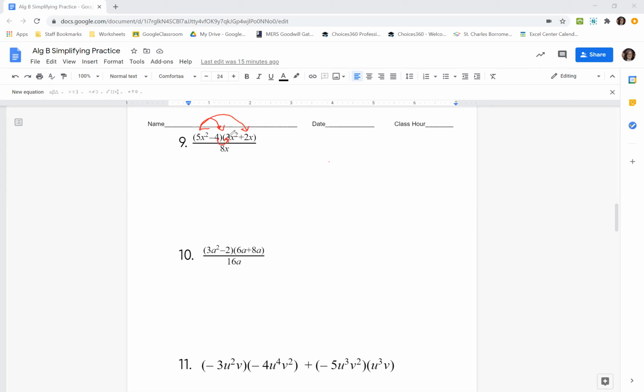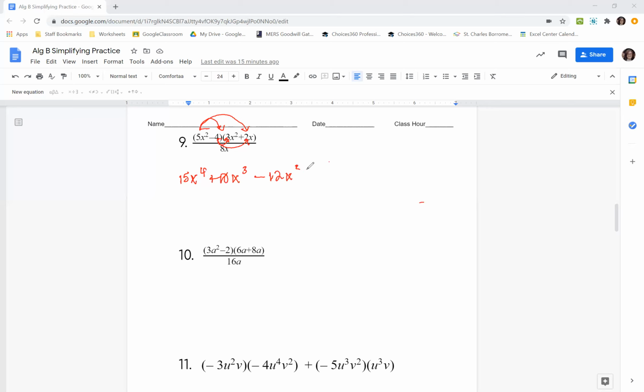So I'm going to go ahead and distribute these guys, right? Because we have a binomial times a binomial. So 5x squared times 3x squared is 15x to the 4th. 5x squared times 2x is a positive 10x cubed. Negative 4 times 3x squared is negative 12x squared.